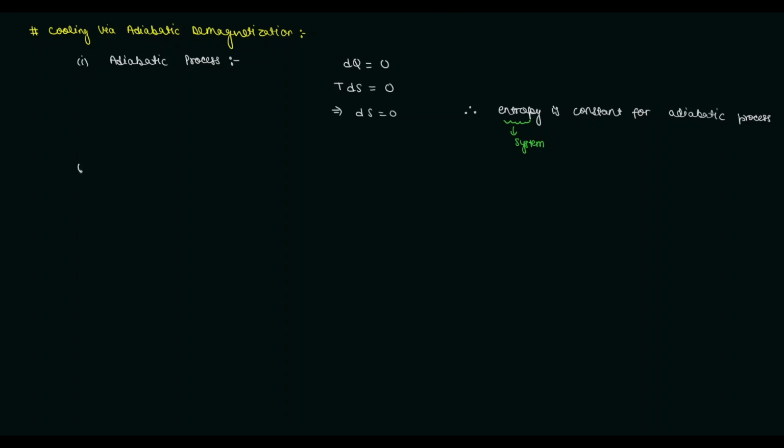Now the second process is the isothermal process where the temperature is kept constant. So therefore the change in internal energy, which is given by Cv dT, will be 0. So therefore internal energy is constant for an isothermal process.